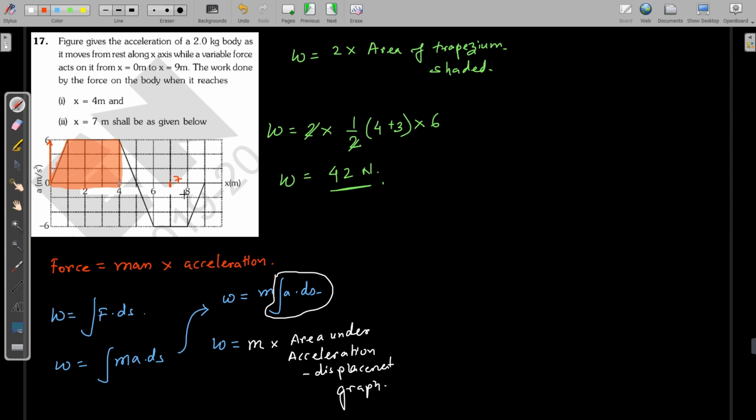So how can we calculate this? Please see. When we are trying to find out 7, that means we have to calculate the total area. So we have to calculate this area and also this area.